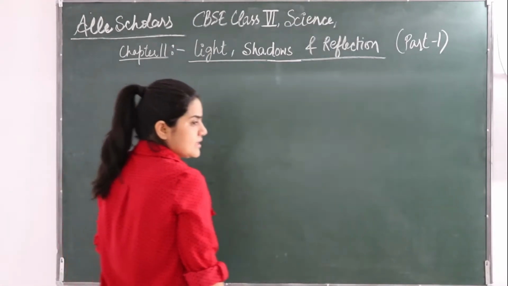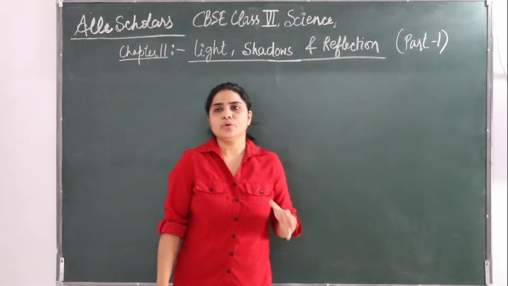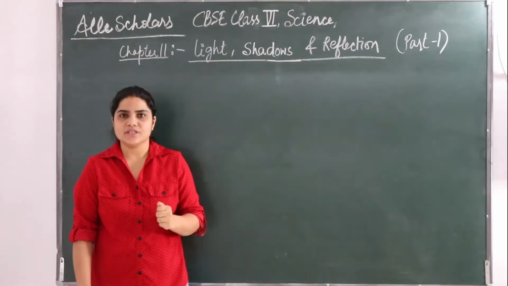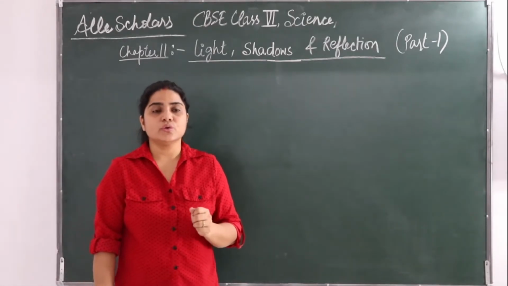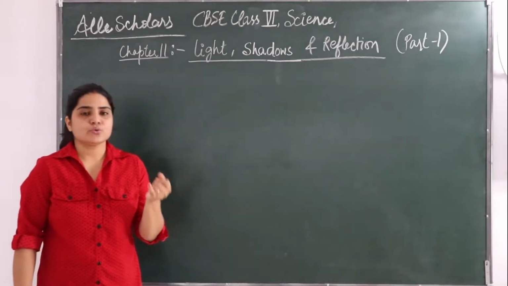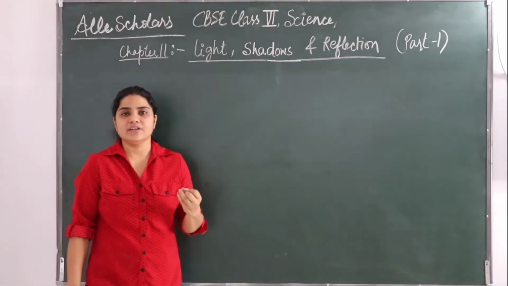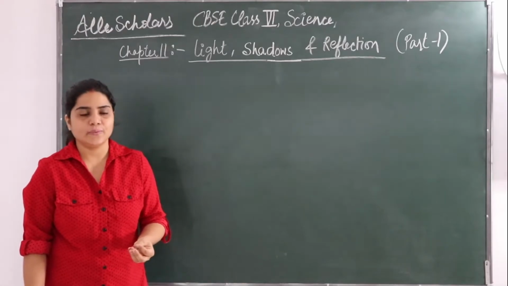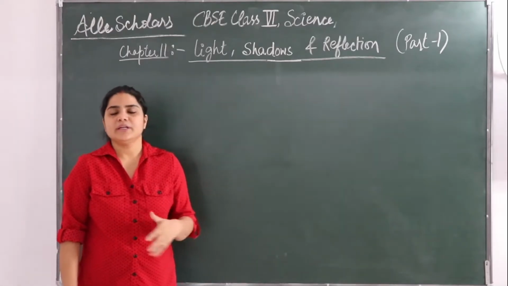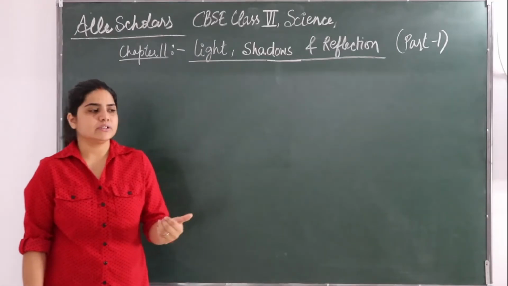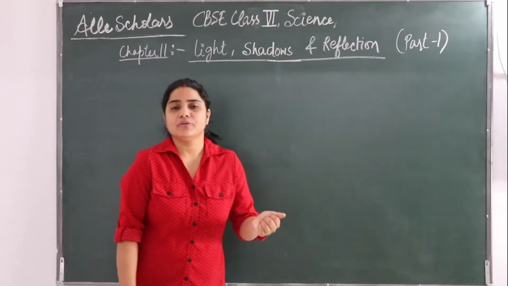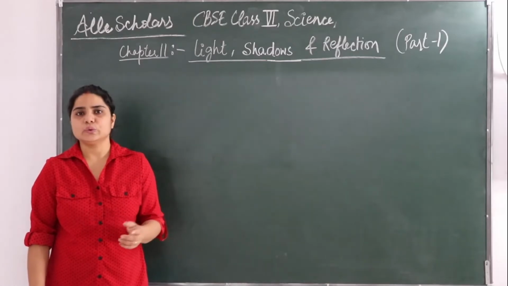If you see objects near you, around you, there are so many objects around us. When you go to school, what do you see? You see so many plants, so many trees, some are having flowers also. And you see so many types of vehicles like buses, cars, scooters, motors, and different animals you meet when you go to school.